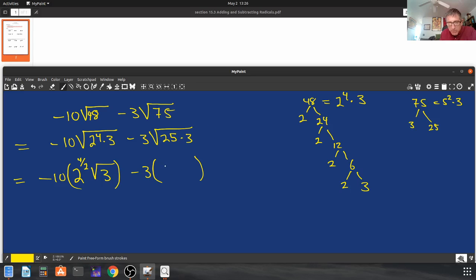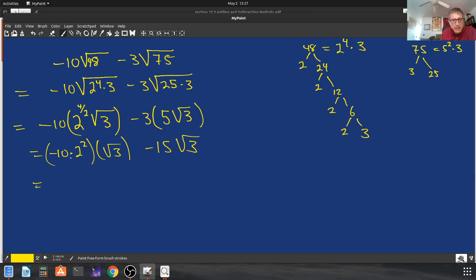The square root of 25 is 5 times the square root of 3. So this is equal to minus 10 times 2 raised to the 4 divided by 2, which is 2 squared, times the square root of 3, minus 3 times 5, 15 on the square root of 3.